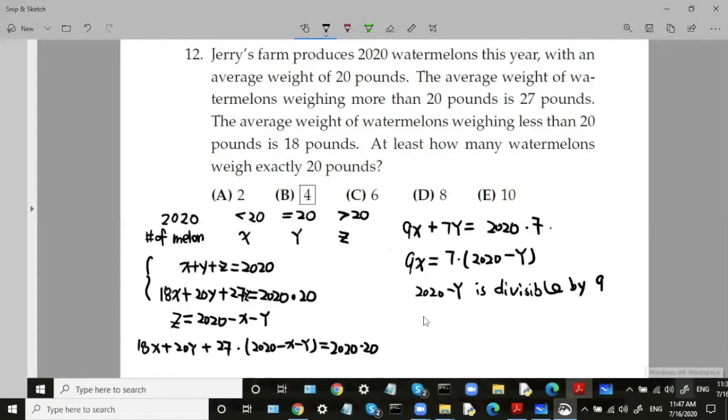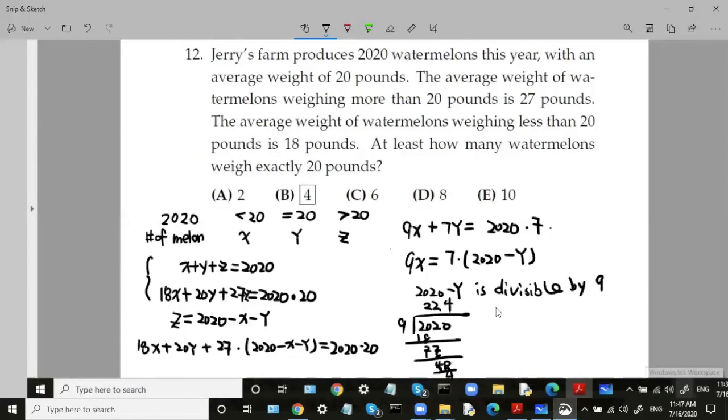Okay, so let's try to divide 20 by 9. The remainder is 4.